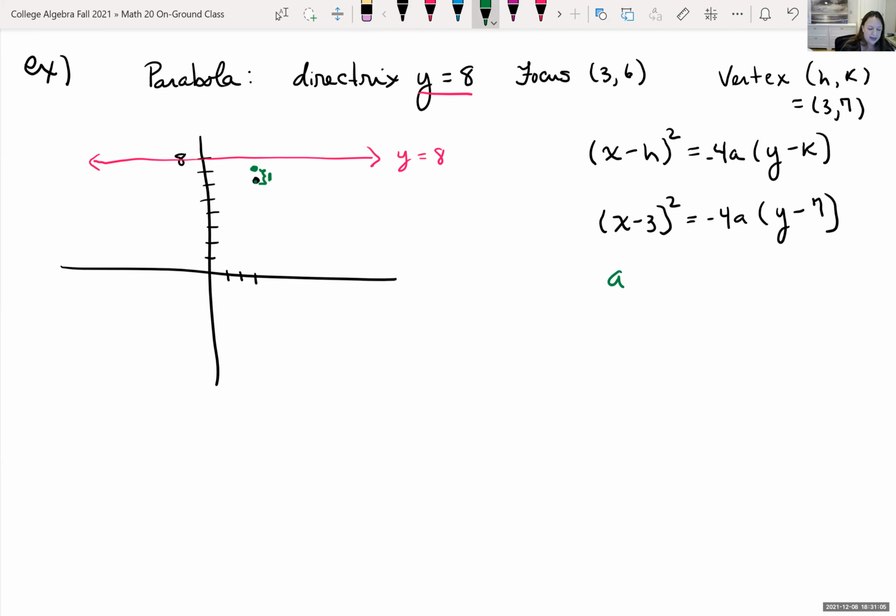So I know that a is equal to 1. The same distance from the vertex up to this directrix would be 1 also. And so now we have the equation of our parabola. It's (x minus 3) quantity squared equals -4 times 1, so -4 all times (y minus 7).